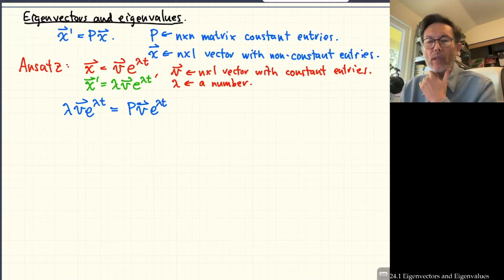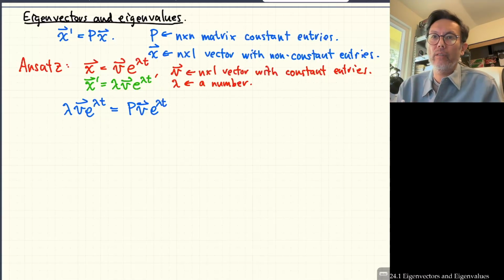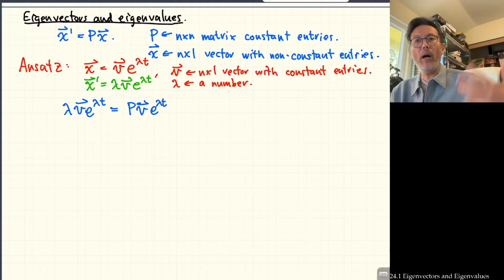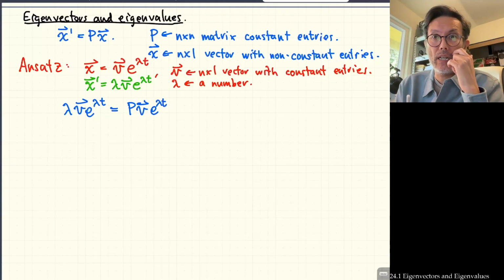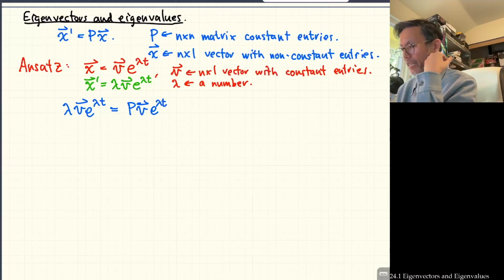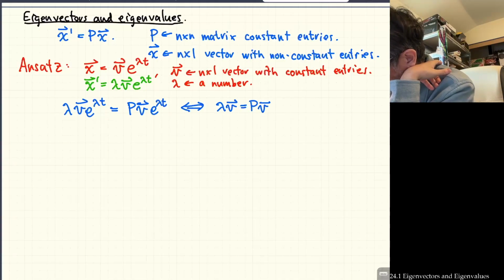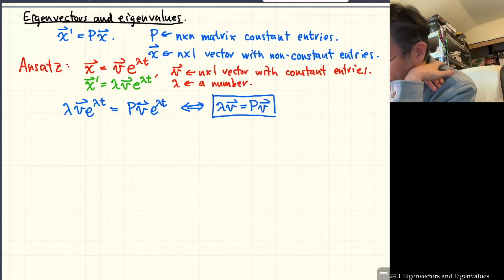Now we know that the exponential of anything is always non-zero, in fact it's positive. And so we can divide both sides by e to the lambda t. And where we arrive is lambda v equals Pv. This is very important because this is what's called the eigenvector equation.